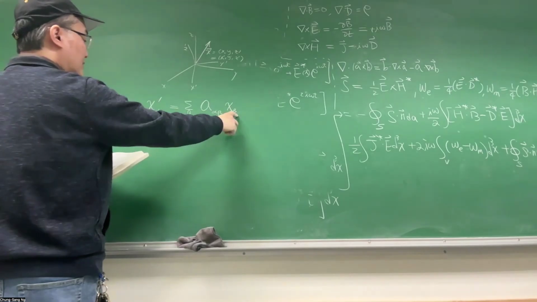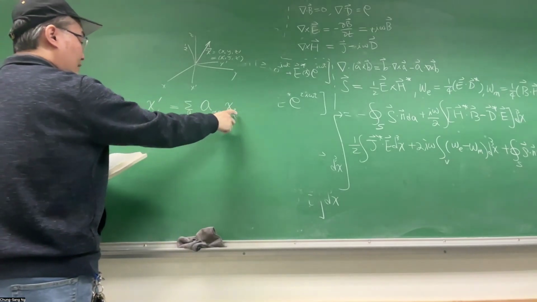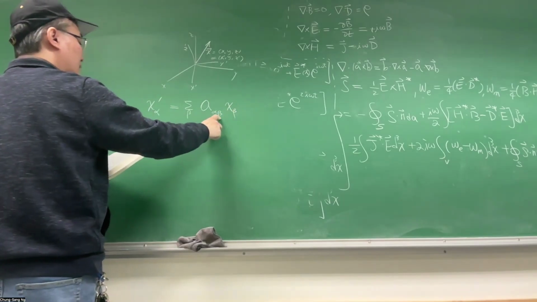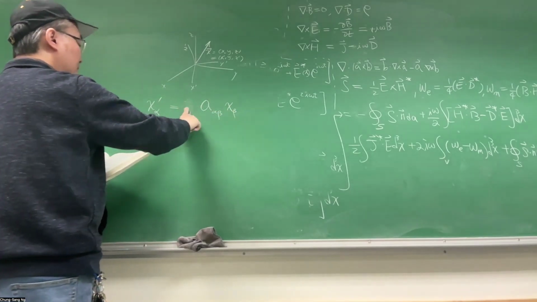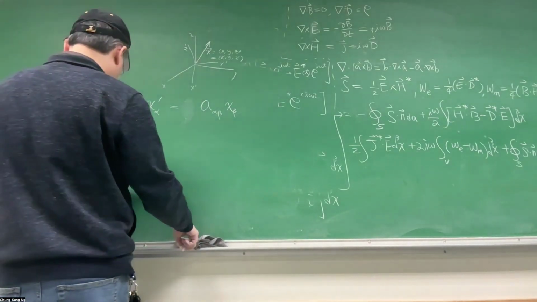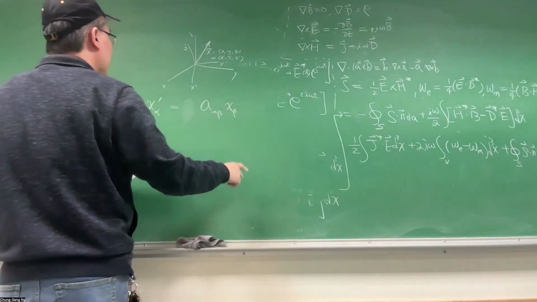They basically sum over beta, and in Einstein notation, when you have a repeated index, it means sum.